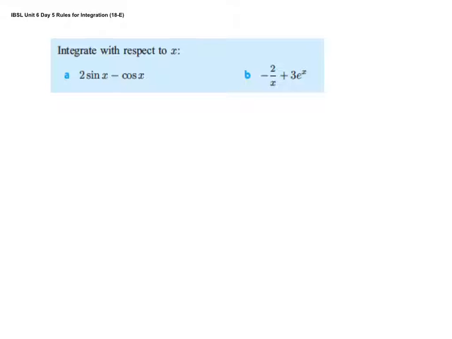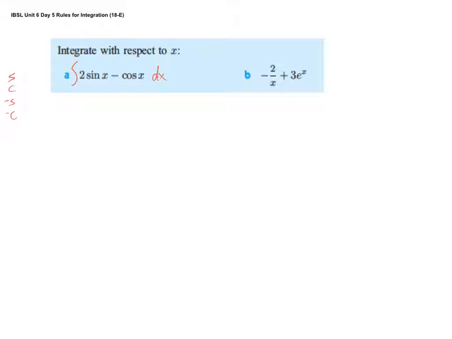So for example here, I have 2 sine of x minus cosine of x. If I'm taking the integral of 2 sine of x minus cosine of x with respect to x, here's where our rules come into play.